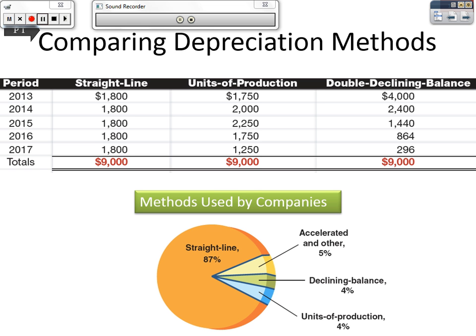Still the same amount of depreciation. Double declining started off very high and went all the way down as far as it could go, right? Still the same amount of depreciation. So I'm saying that to say it doesn't matter which method you use.